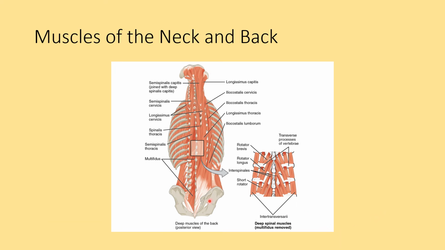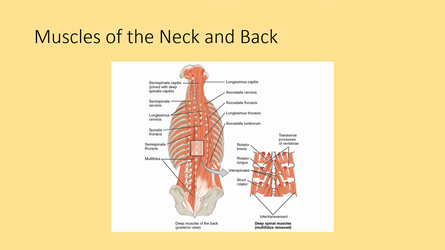On the back, once again, looking deeper, removing those layers, look at how long some of these muscles are as they extend all the way from the lower part. They attach to the lower part of the vertebral column and extend up all the way through your lumbar, through the thoracic area, all the way up to the cervical area.